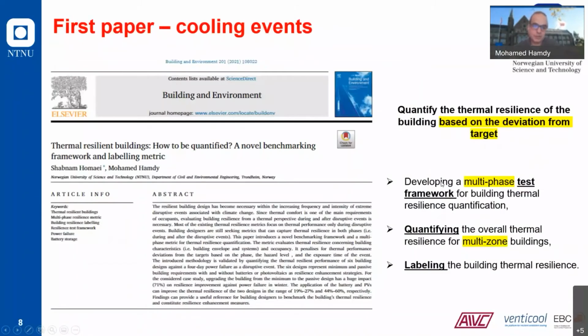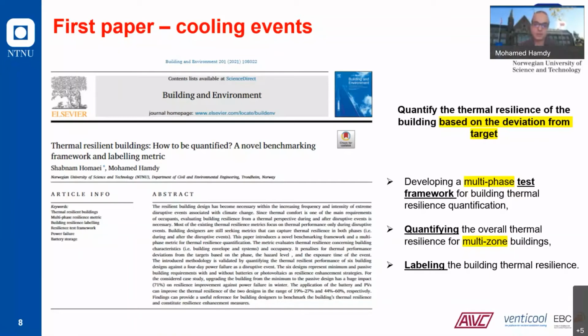In this paper developed by my PhD student, Shabnam, with me as her supervisor, we did this work about how to quantify resilience. We introduced a multi-phase test framework to consider different abilities of resilience. We also consider in this framework a multi-zone building, because a building has different zones. So we cannot focus on one zone and say the building is resilient.